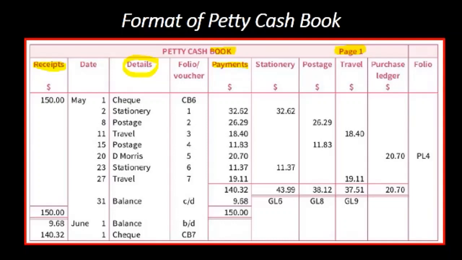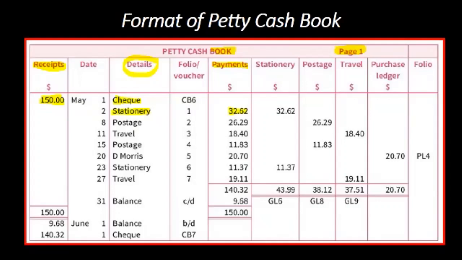So if we notice, this $150 that we received from the cashier here by check utilizes the same column that this payment of $32.62 for stationery uses. Okay, and we have one column for date.